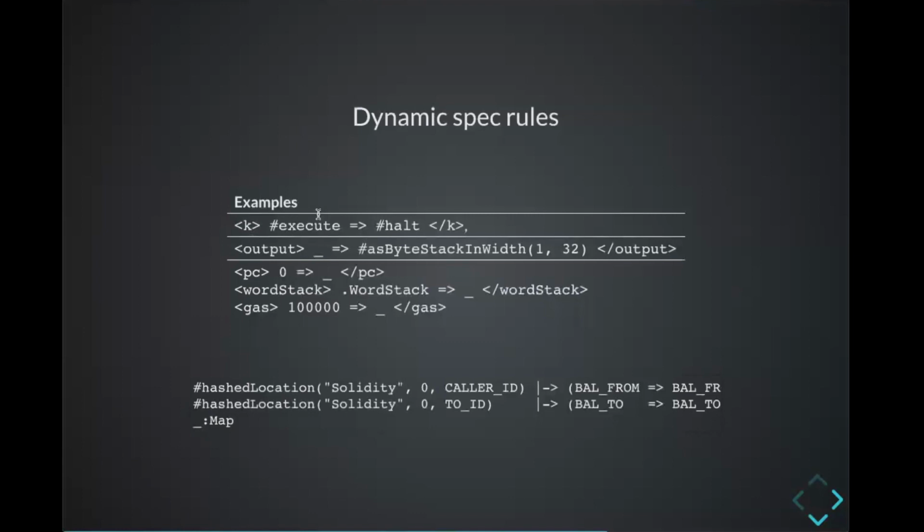The program will go into a cell called program, and then the K cell holds kind of what you might call the internal opcodes of the EVM, of KEVM. So in this case, we want execution to begin with the internal opcode execute, and we want it to end with a halt. The program doesn't loop forever. And yeah, so that's one example.